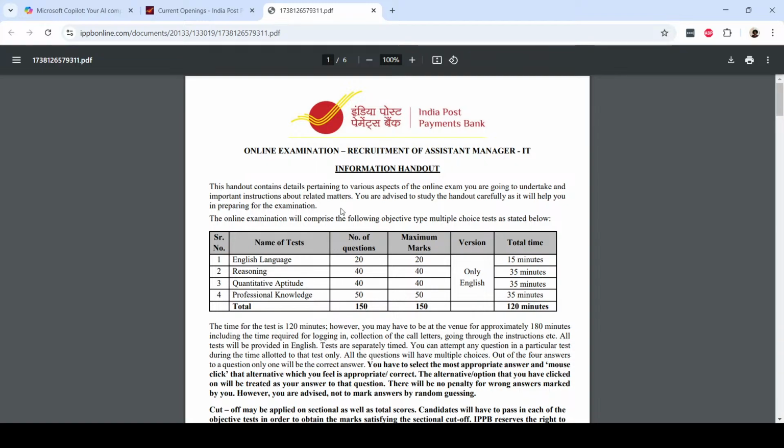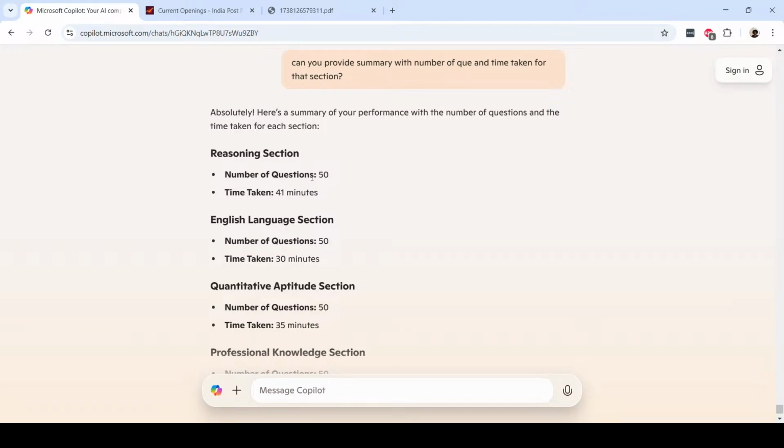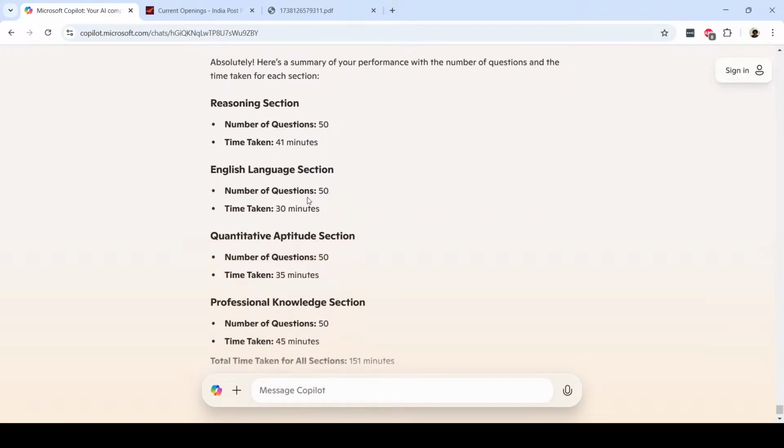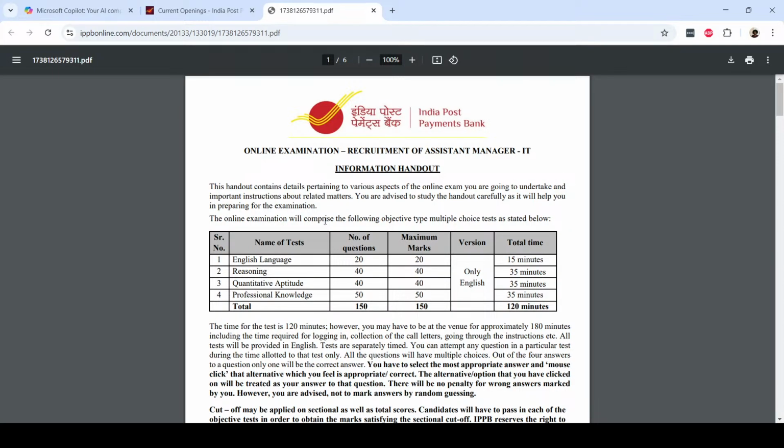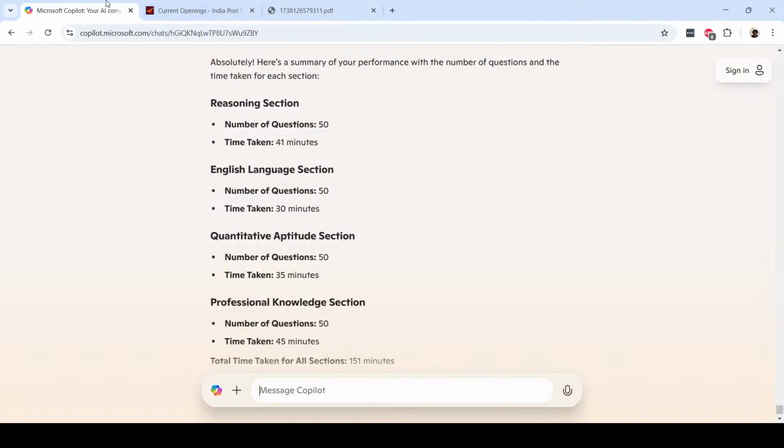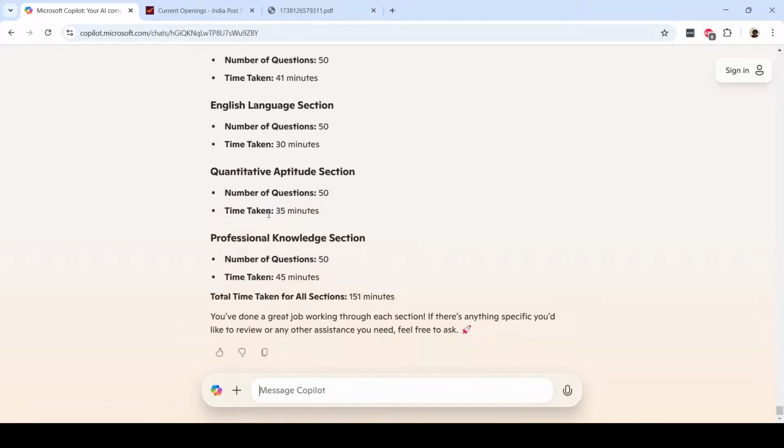Instead, there will be only 40 and 35 minutes. So those 50 questions we completed in 41 minutes, so that is also fine. English also 50 questions, 30 minutes. For 40 questions they give 30 minutes, but we completed 50 questions, so that is also fine.